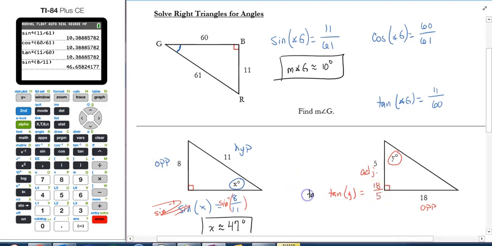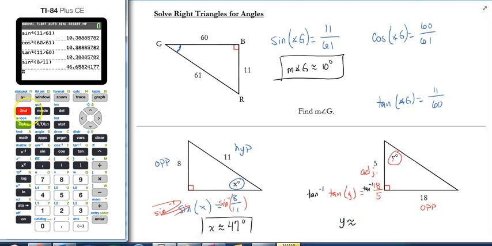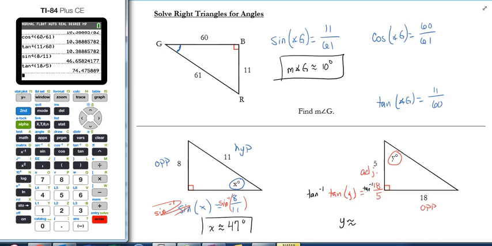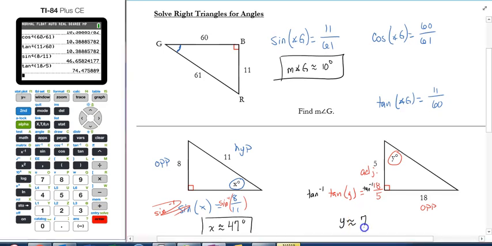This is a tangent inverse on both sides, giving me y to be approximately second tangent, 18 over 5. 74.4 is approximately 74 degrees.